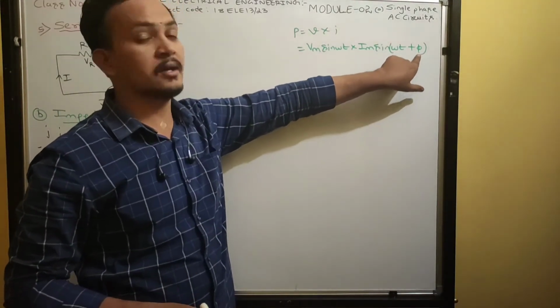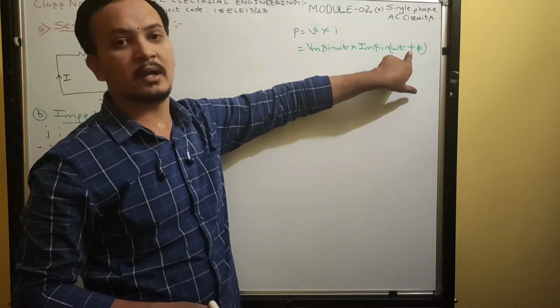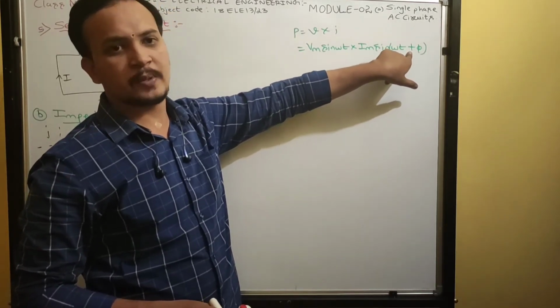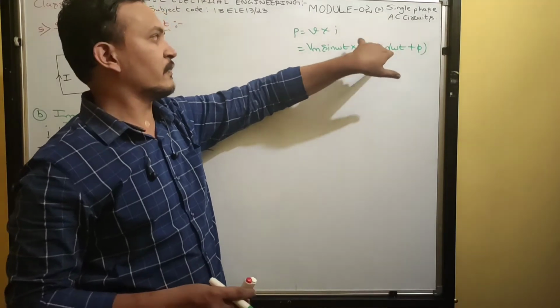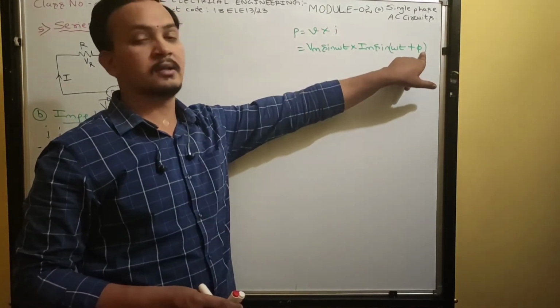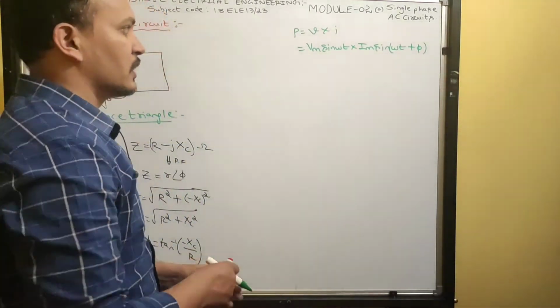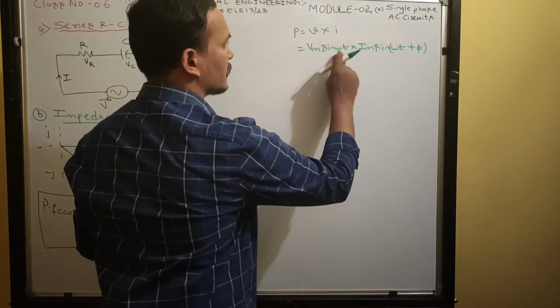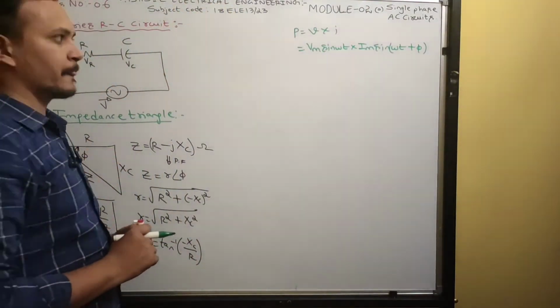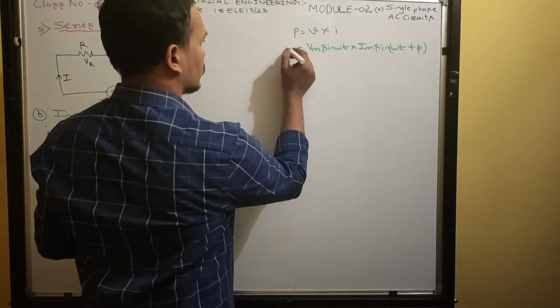Current leads the voltage by plus phi. Plus indicates what? Nature of the current. With respect to the reference, if the reference is voltage, current leads the voltage by this much angle. Okay. If it is minus, with respect to voltage, current lags the voltage by that angle. Okay. So now, this will give power.